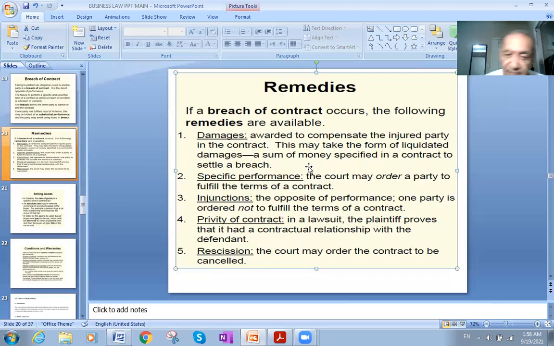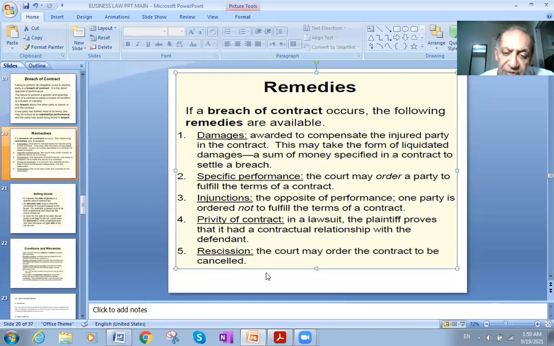Injunction: an injunction means the opposite of performance. It is not doing anything. One party is ordered not to fulfill the terms of a contract. So I will tell you, don't do it, because if you do it, there might be damage to the other party.